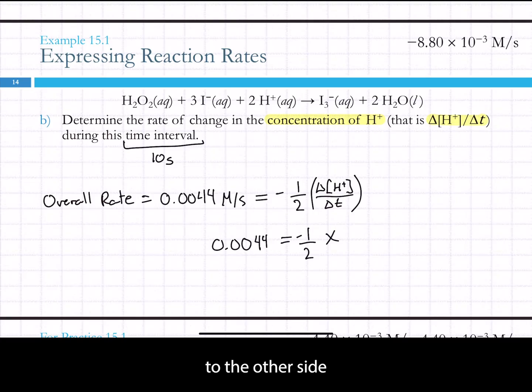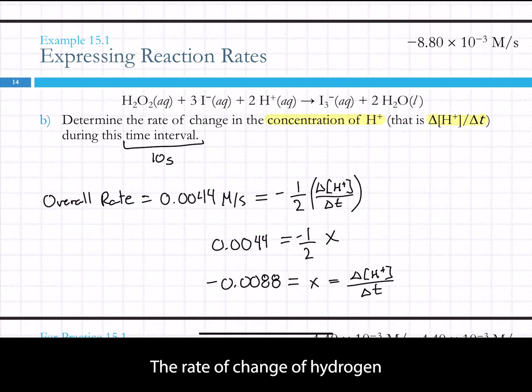And so if I want to get that 2 to the other side, multiply both sides by -2. So it's going to be -0.0088 equals x, which equals the rate of change of hydrogen in that same period of time. Units still molar per second.